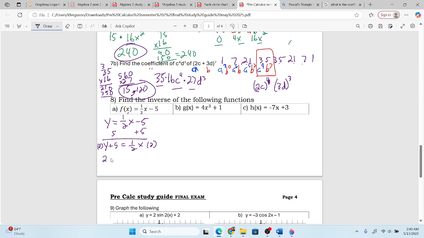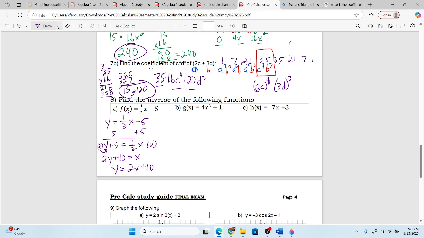So that's 2y, distribute, plus 10 equals x. And then I'm going to switch y and x. So I'm going to get y equals 2x plus 10. And that's the inverse.